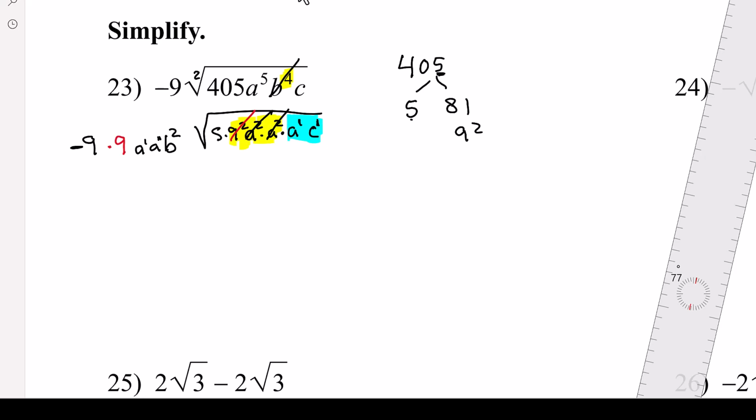And what we have left that stays under the radical is 5 times a times c, close the parentheses. Now you have negative 9 times 9, so that's negative 81. a times a is a squared, and then b squared is just b squared.